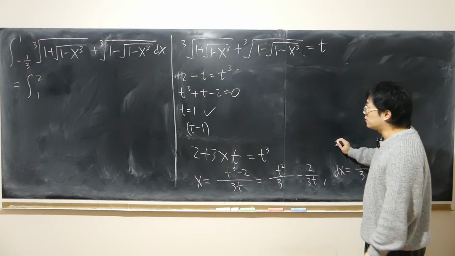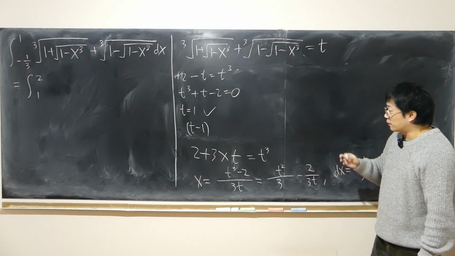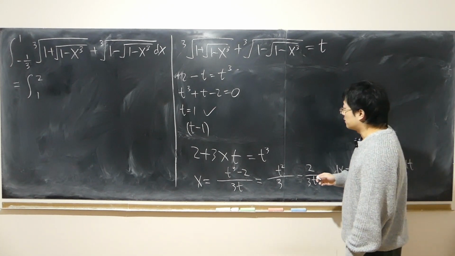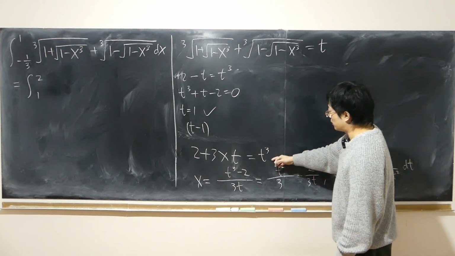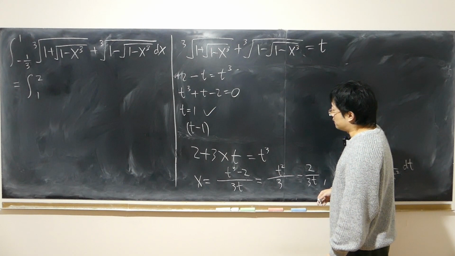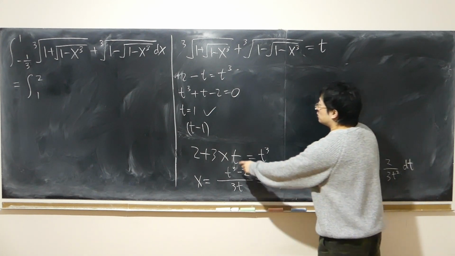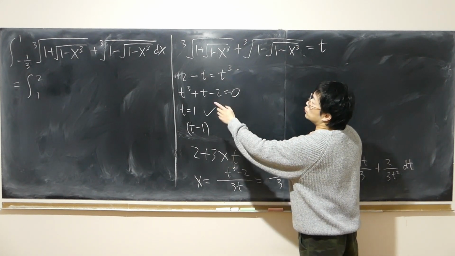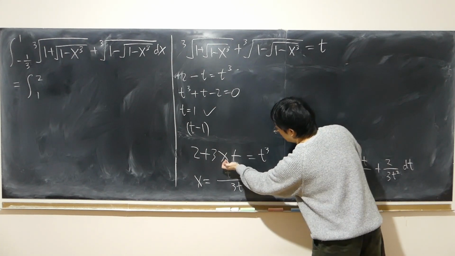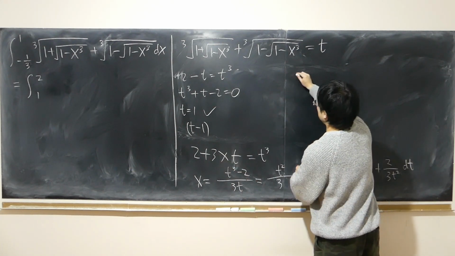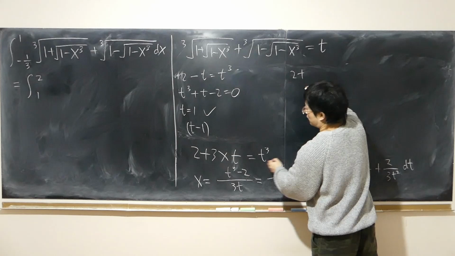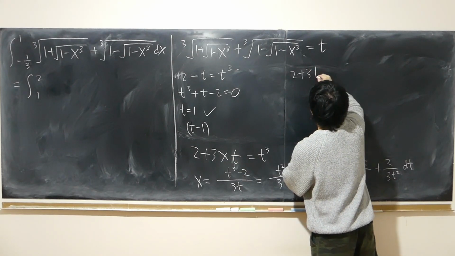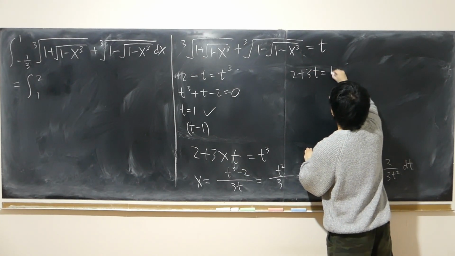And again, because like I said, we have extraneous solutions after we cube both sides, right? Cubic equation. And if you plug x equal 1 into here, we somehow get 2 plus 3t.